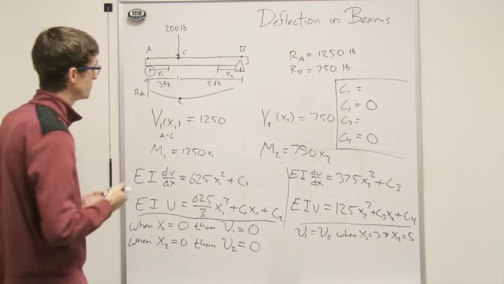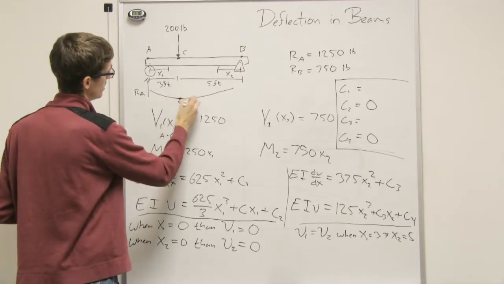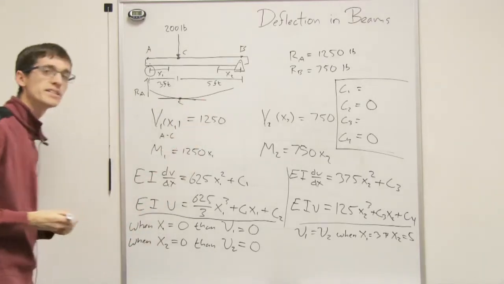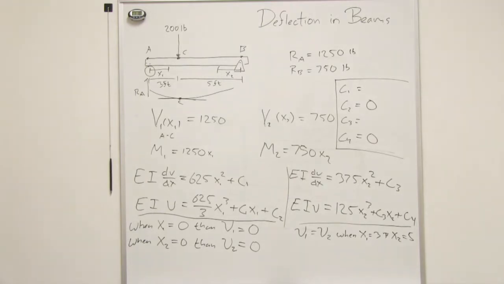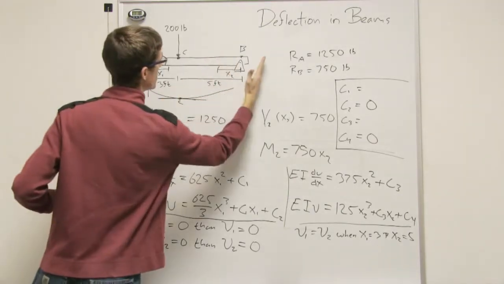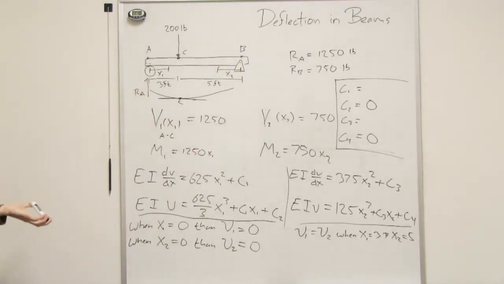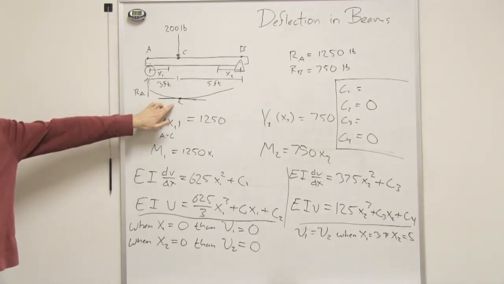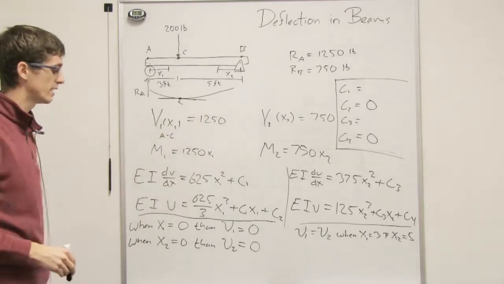We also know that the slope there is going to be the same. Well, since we're actually taking this equation, we're going backwards. So when you put them equal to each other, they should be opposite. But the deflection there is going to be the same for this side and that side.